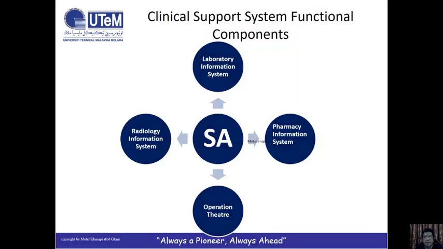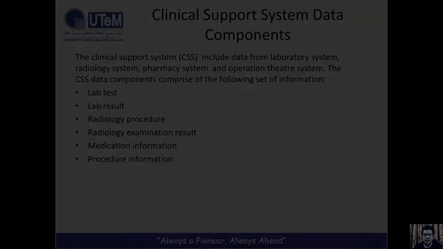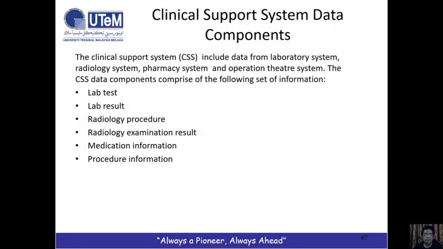Okay, and this is a clinical support system functionality. You start to model the functional component: lab, radiology, pharmacy, operation data, and then you start to come out with the entity: lab test, lab result, radiology procedure order, radiology examination result, medication information, procedure information.